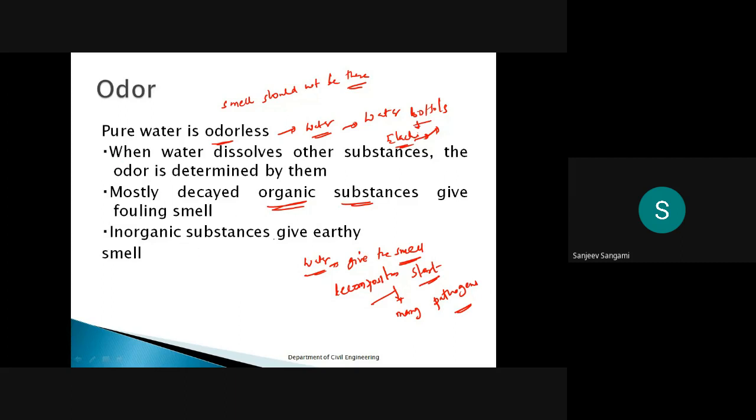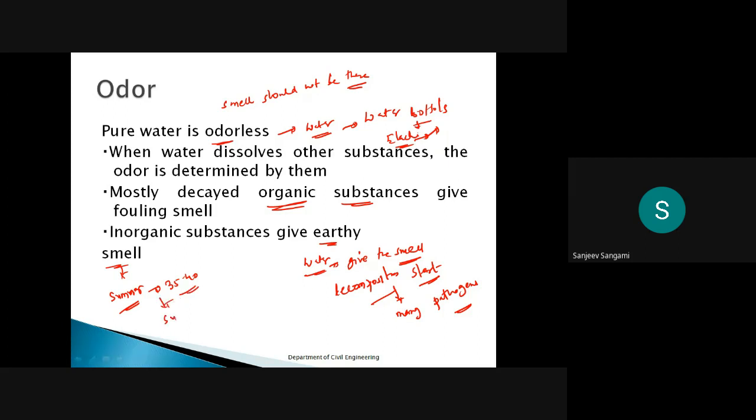Inorganic substances give the earthy smell. If a mud smell is coming, an earthy smell, you can find it in summer, when the temperature is around 35 to 40 degrees and no rainfall has happened.